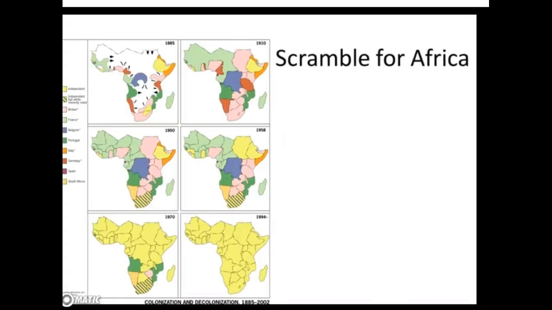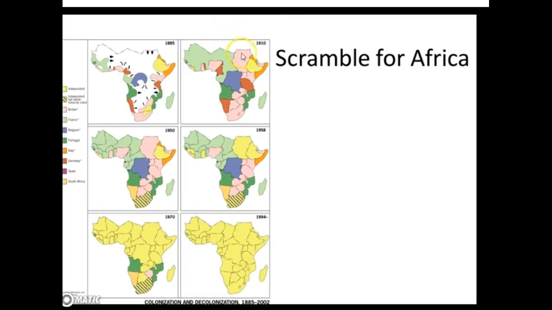Eventually, by the 1880s, Africa was almost entirely divvied up among the colonial powers of Europe, as indicated on this map. We're starting off in 1885, and you see how the colonies were mostly established along the coastal areas to facilitate the export of raw materials and goods.